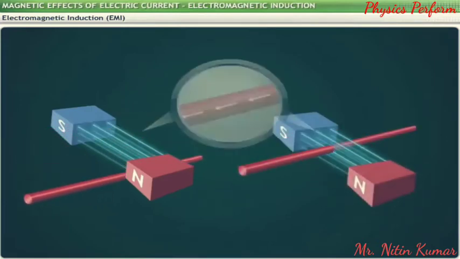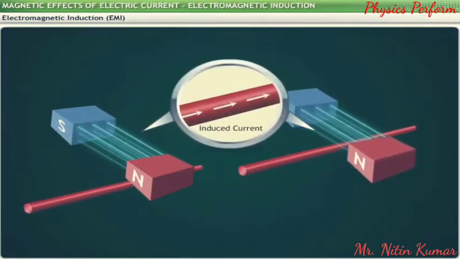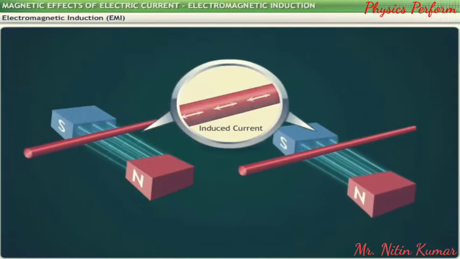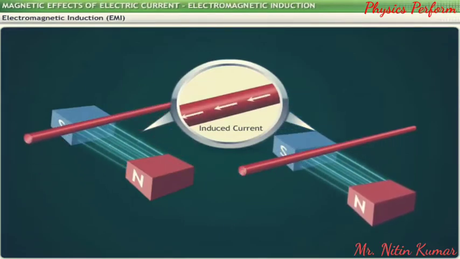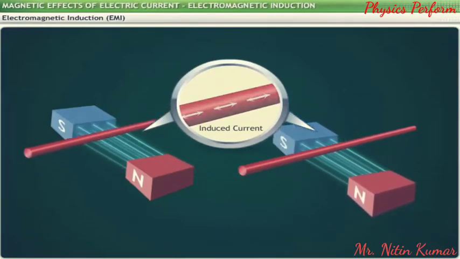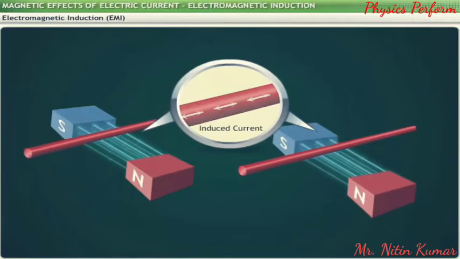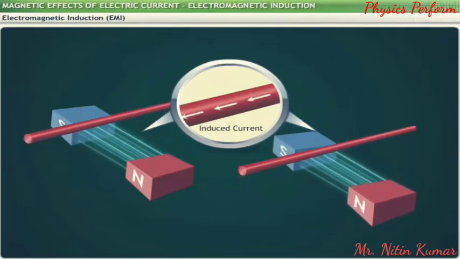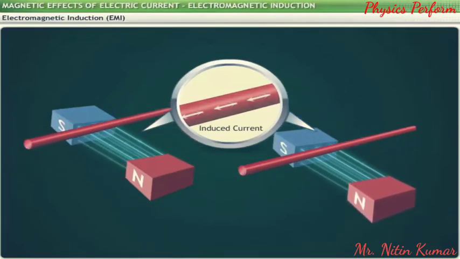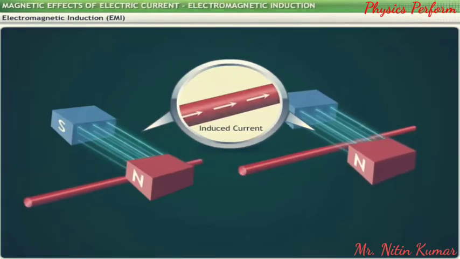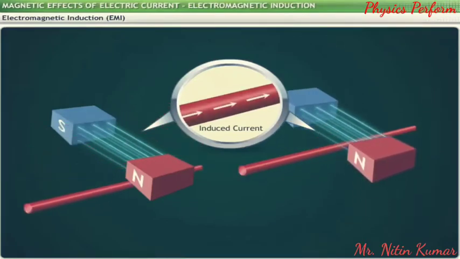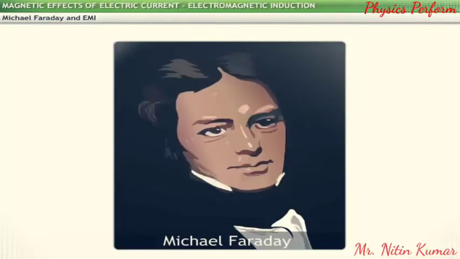When a conductor is moved in a magnetic field or kept in a fluctuating magnetic field, the magnetic flux linked with the conductor changes. This change in magnetic flux induces an EMF across the conductor. The EMF generated in this way is called an induced EMF, and the resulting current is called an induced current.